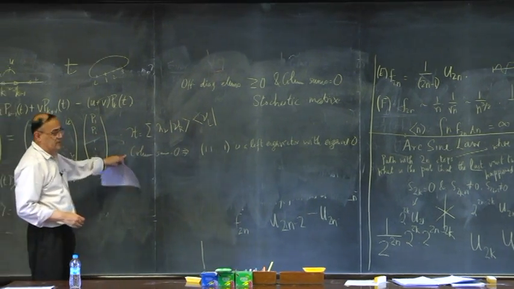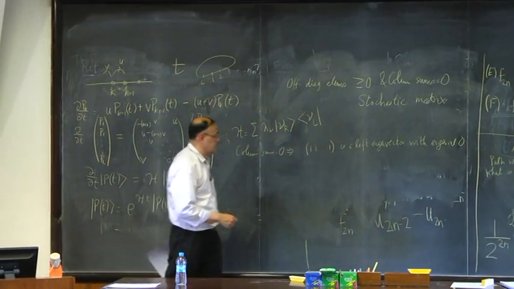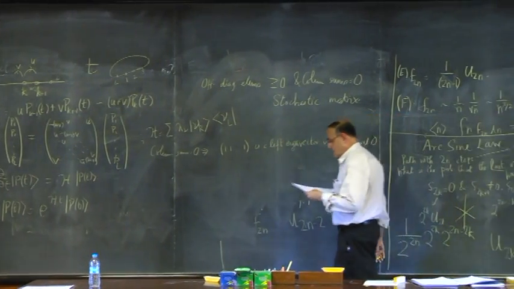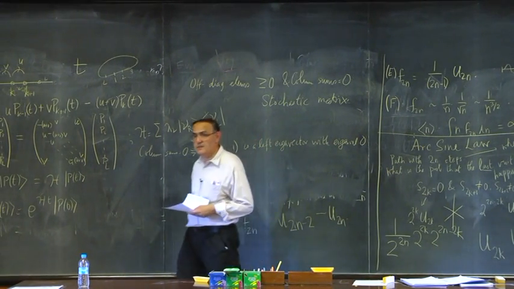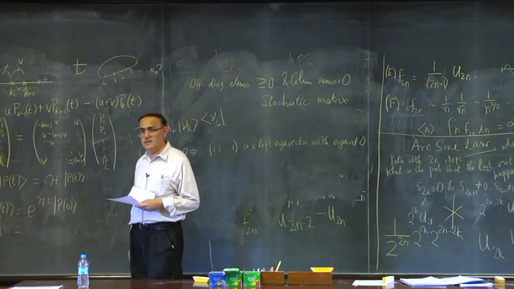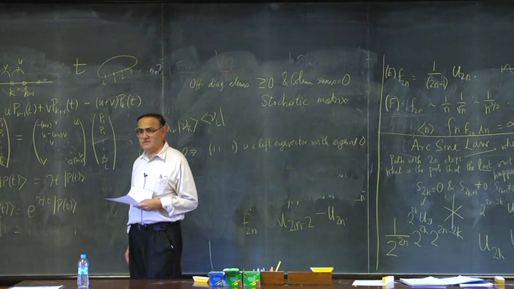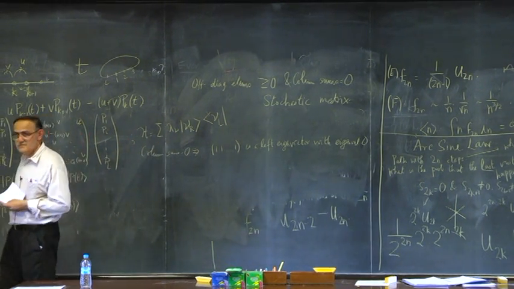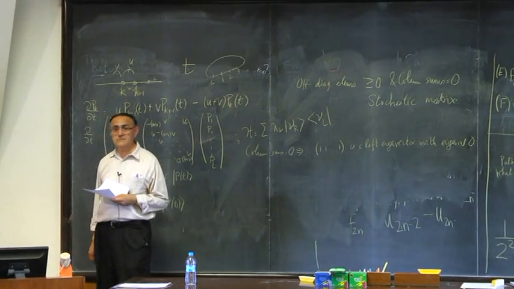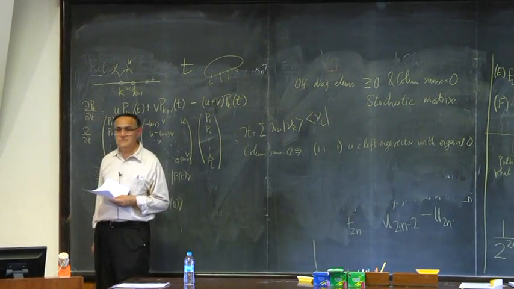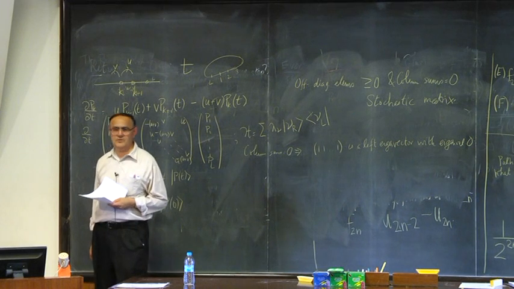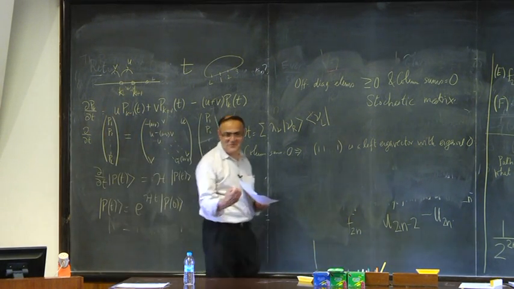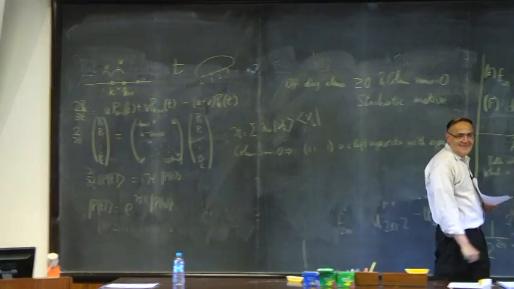One of them I have already pointed out: it has a left eigenvector with eigenvalue 0. So all the vector elements should be greater than or equal to 0. The 0 matrix is also a stochastic matrix, but we don't deal with that. I mean, we want something with some substance. Okay.